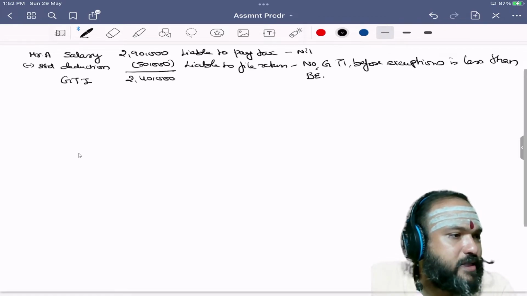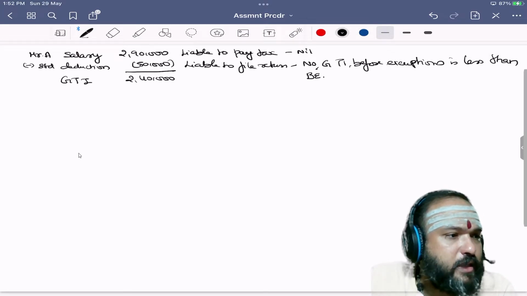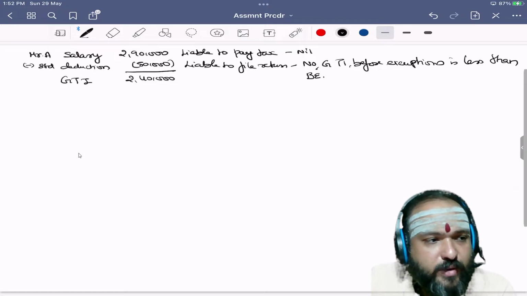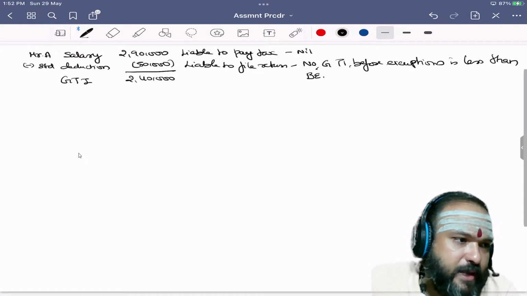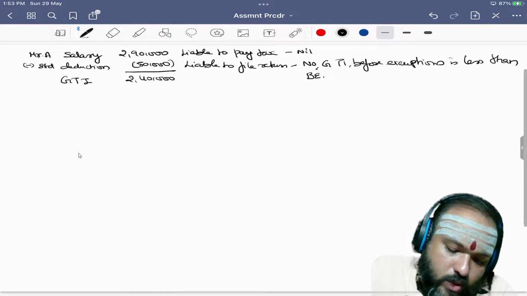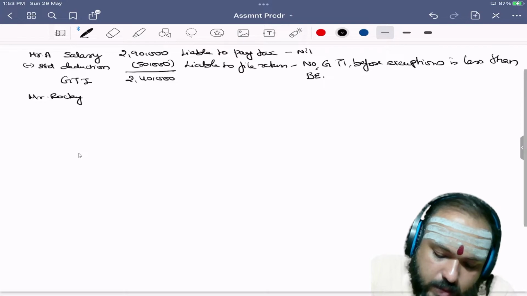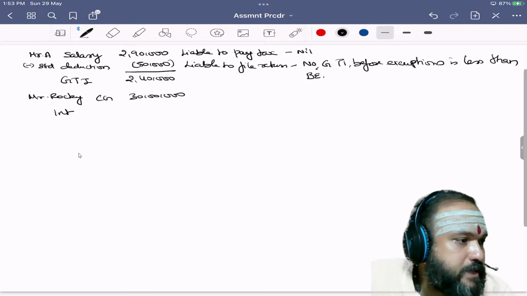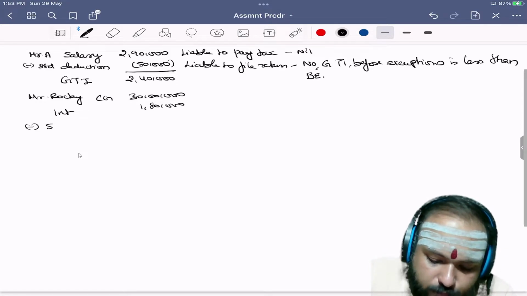Now, let's take the second question. Example 2. Mr. Rocky, age 30, has capital gains from sale of property in Bengaluru, aggregating to rupees 3 crores, which he invested in another house property and claimed exemption under section 54. He had interest income of rupees 1.8 lakhs apart from the same. Is he liable to file his return of income? So, Mr. Rocky has capital gains of 3 crores and interest of 1.8 lakhs, less section 54 exemption.